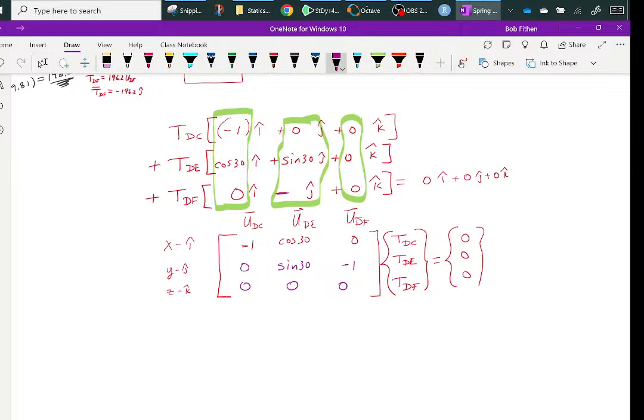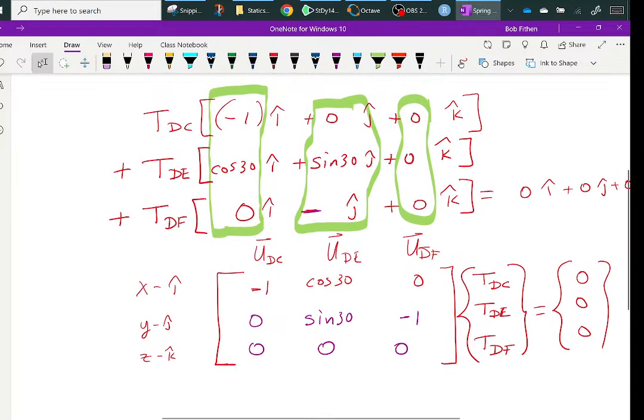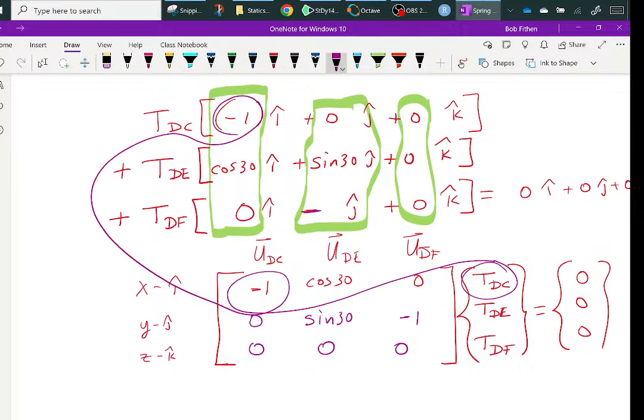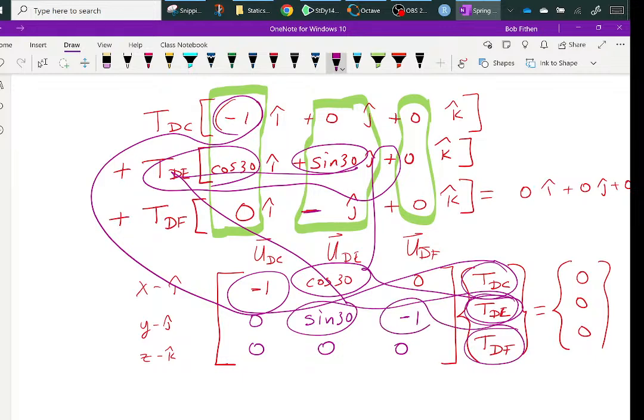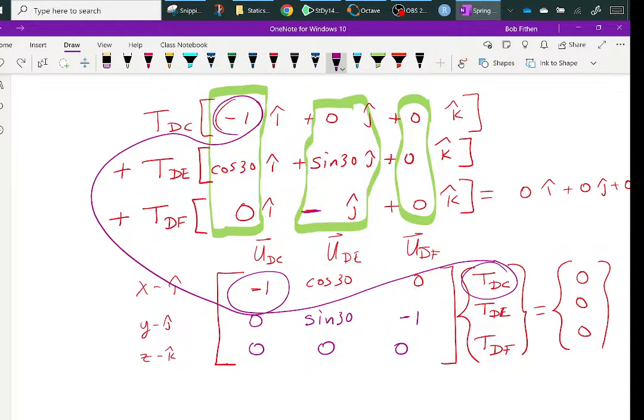So you look at this thing, and if you multiply this back out, you should get the equation above. So in other words, T_DC times the minus 1, T_DE times this term, and then there isn't any one there. Then T_DE times sine of 30, and then the only other term you had is T_DF times that. So you get all the terms out of here.